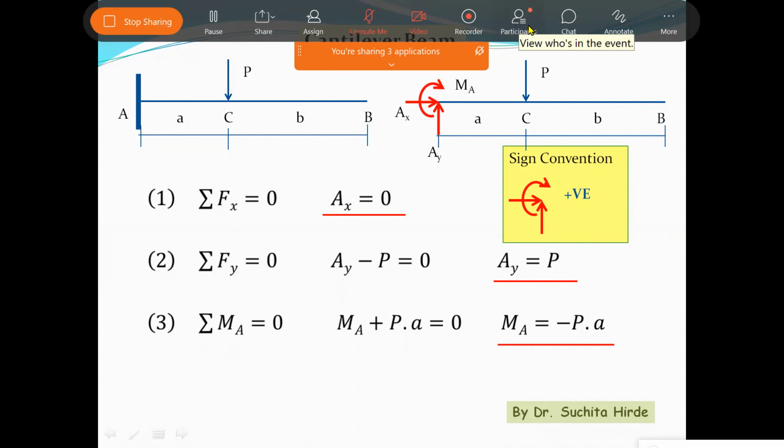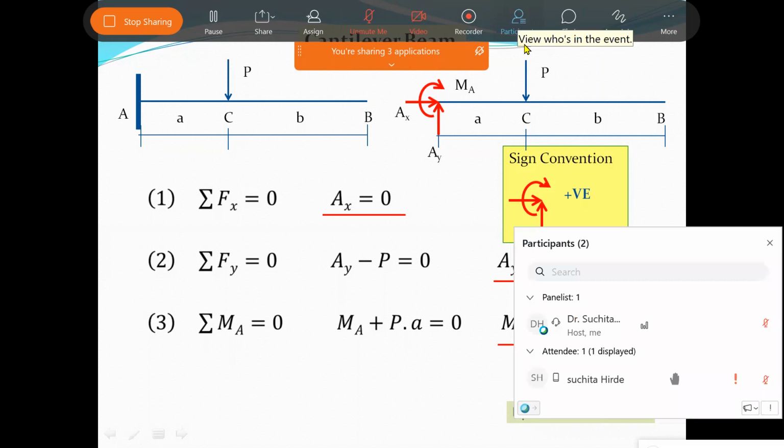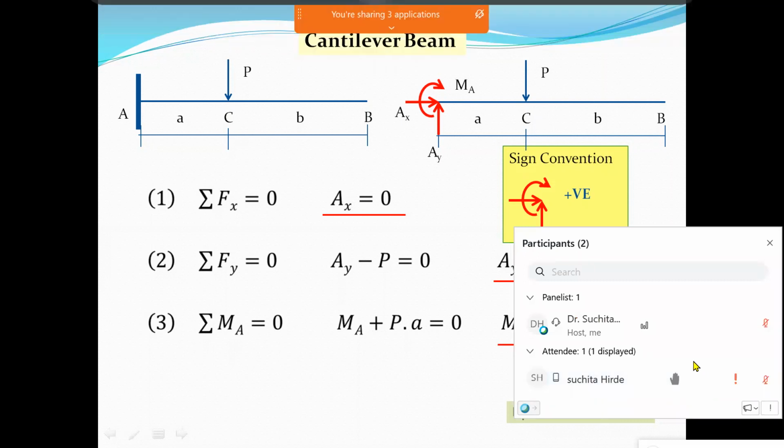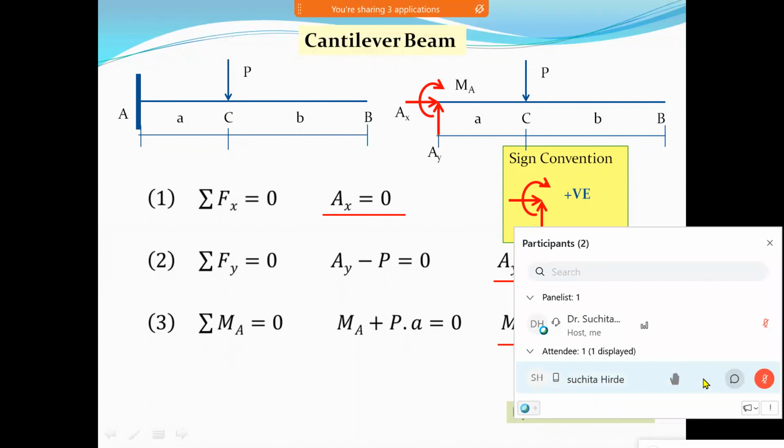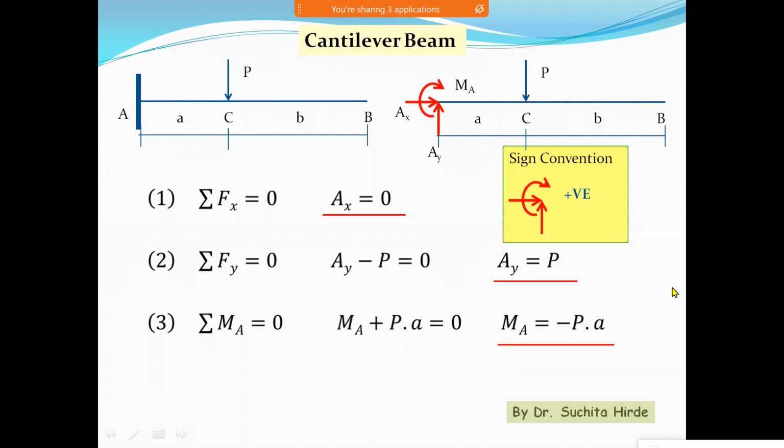If you click on it, you can check who has raised the hand and then you can unmute that student. Then you can have the discussion with the student and then again you can mute him. After that, you can ask that student to lower the hand, otherwise you may get confused.